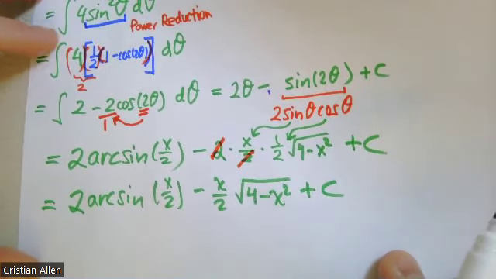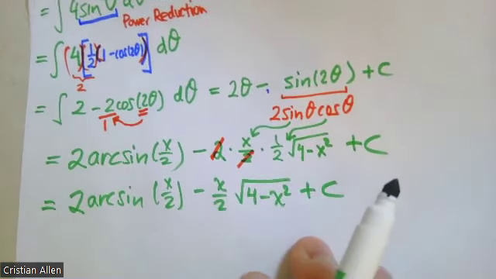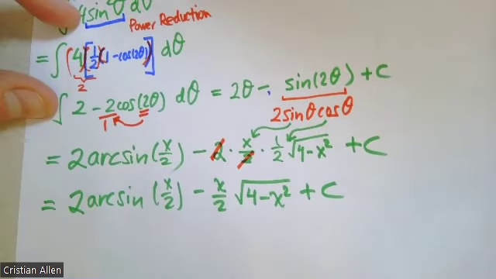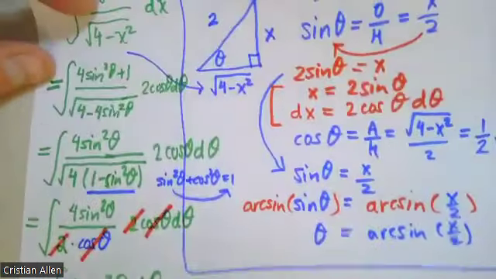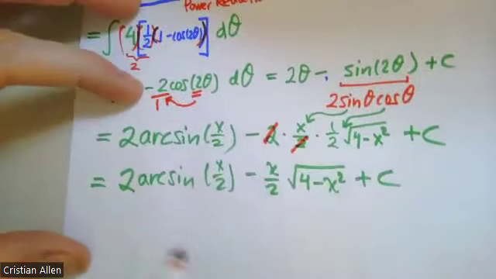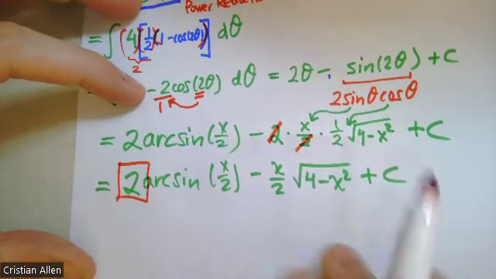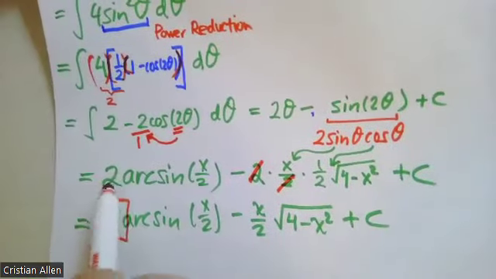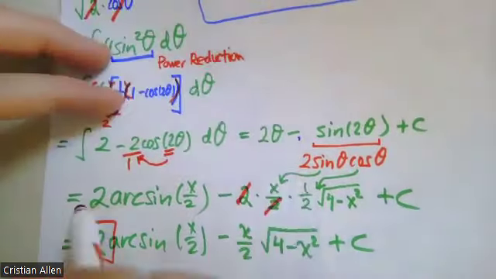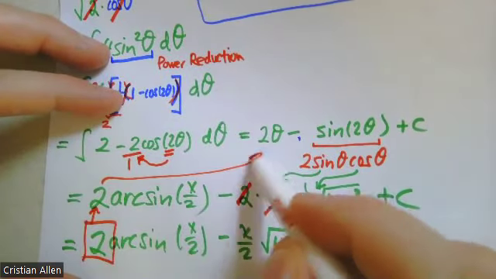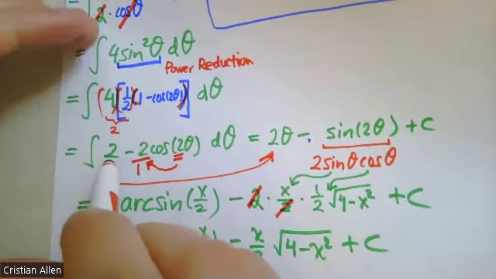Now for some reason, let's see if I made any mistakes here, but for some reason, I'm looking at a solution manual here, and I'm getting a 3 right here. Let's check on this. So this 2 came from right there, which came from right here, which came from this 2.